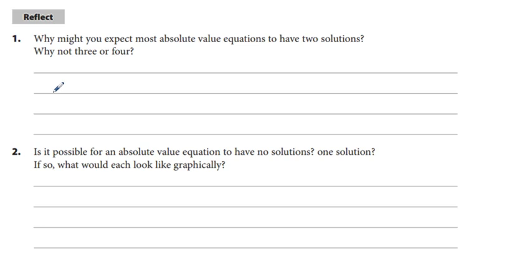Let's move on. Reflect: why might you expect most absolute value equations to have 2 solutions? Why not 3 or 4?